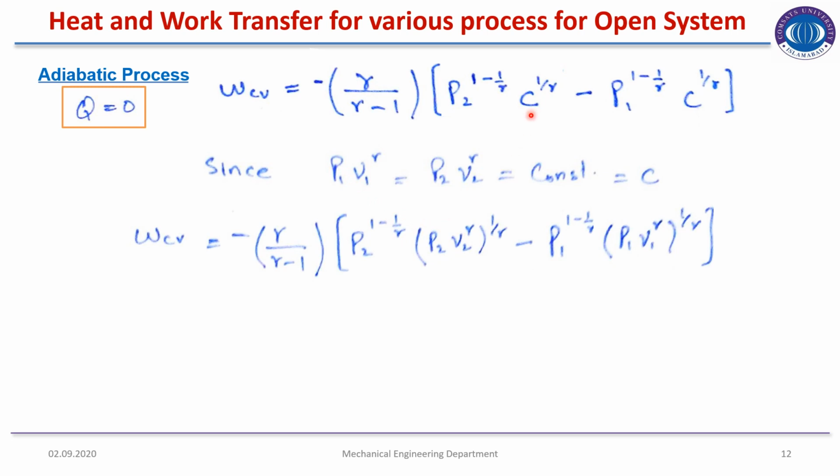For here, C is replaced by P2 V2^gamma, and the power of the term of C is 1 over gamma. And for the second C, because they are equal to each other, C is replaced by P1 V1^gamma, and the power of C is 1 over gamma.